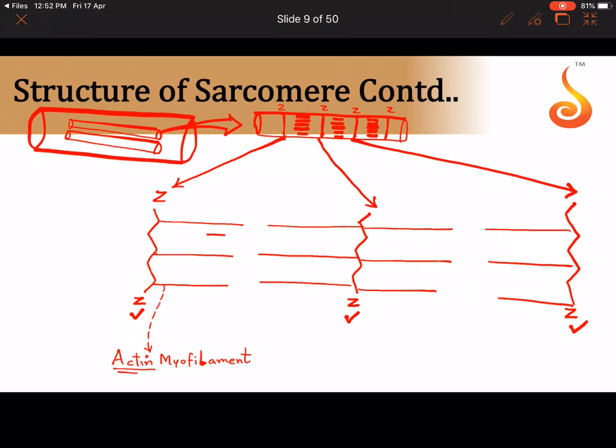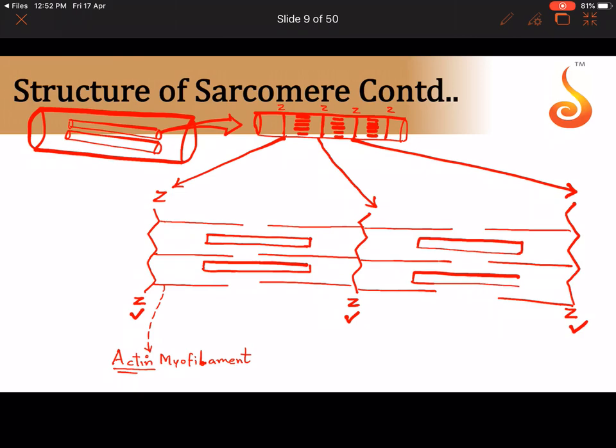And now in the center you can see very thick myofilaments. See, they're present in the center of the sarcomere. These thick myofilaments are referred to as the myosin. Let me shade them so that you can see that they are very very thick.